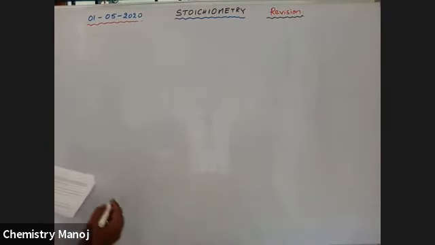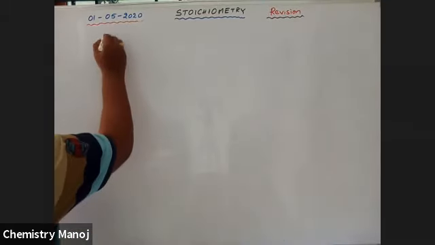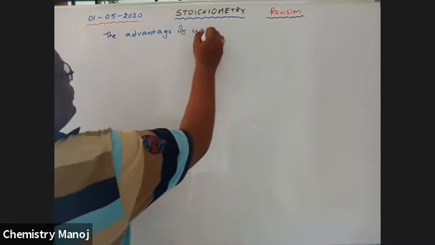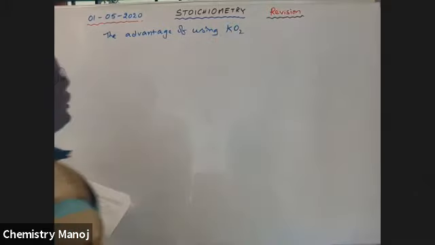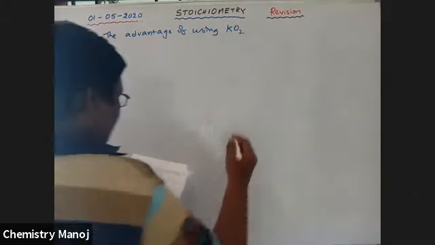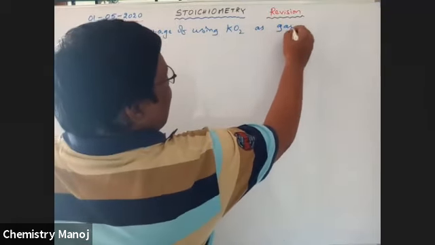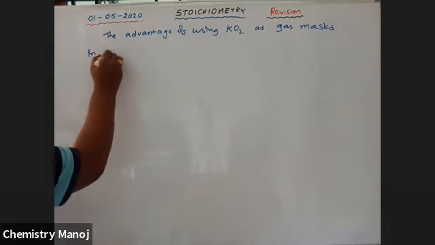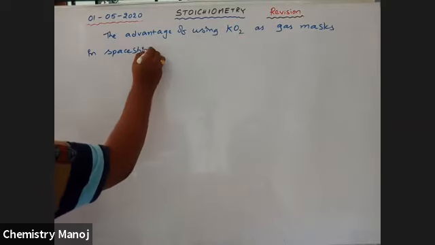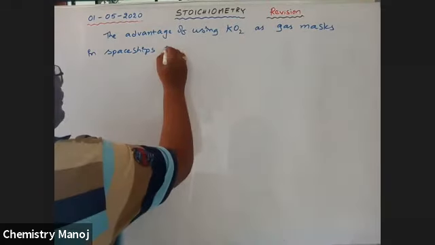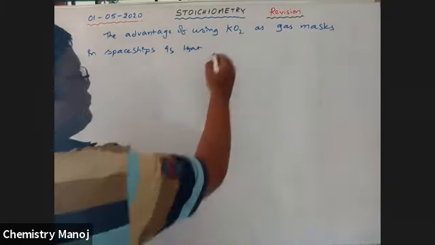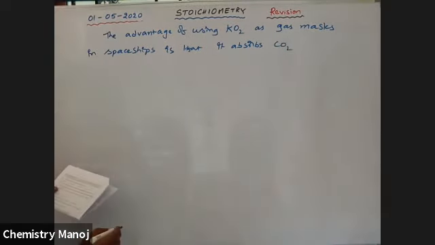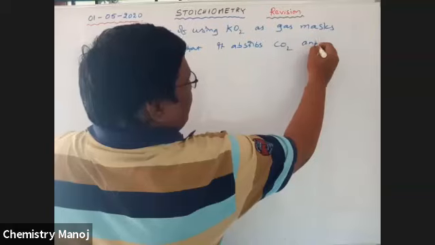So see carefully. The advantage of using KO2, potassium superoxide, as gas mass in spaceships is that it absorbs CO2 and releases oxygen.